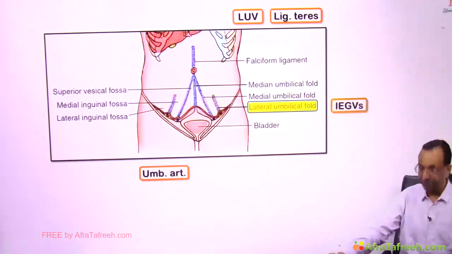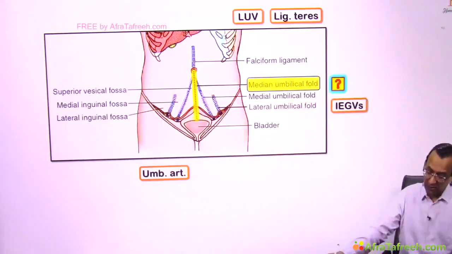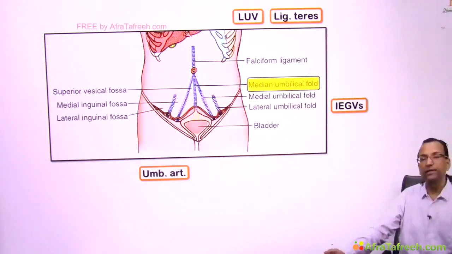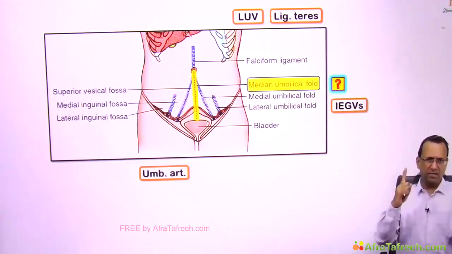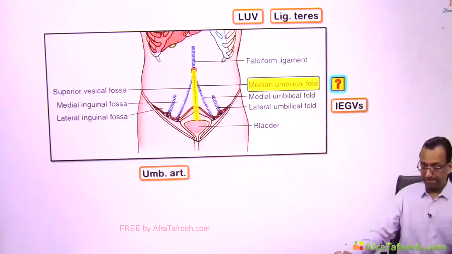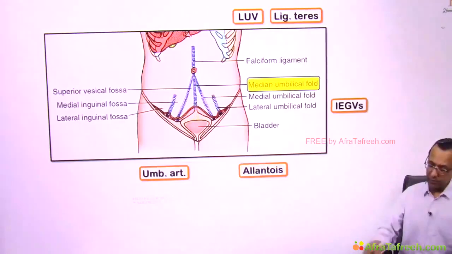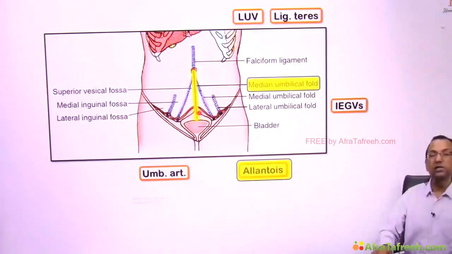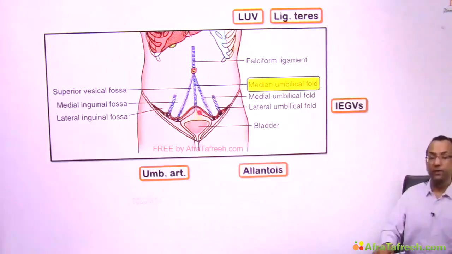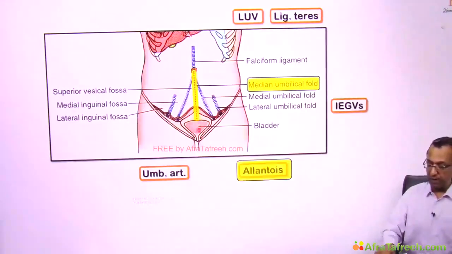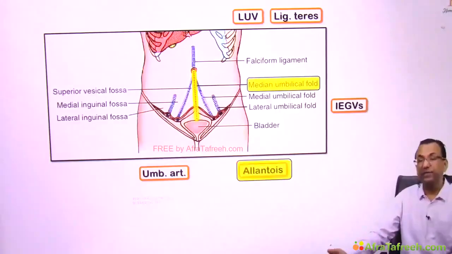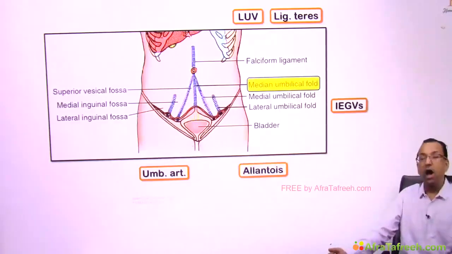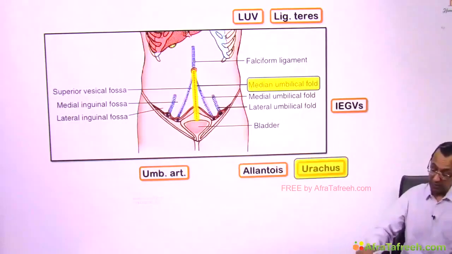Then what is this median umbilical fold? It is one in the midline. I think it is covering the allantois. What is allantois? Allantois is a hindgut diverticulum attaching to the apex of the urinary bladder. In the fetus, there is allantois, which is a hindgut diverticulum. But in the adult, it is obliterated to become the urachus.